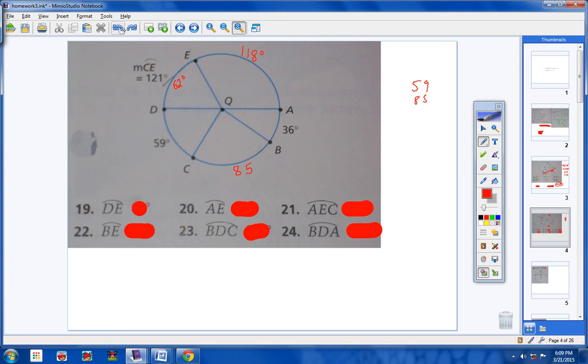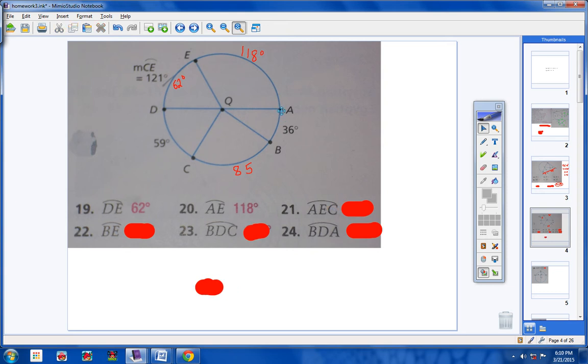Now with that in mind, we should be able to do these problems pretty quickly, okay? First of all, we're going to find the length of arc DE. Arc DE. So here we go. DE from D to E, 62 degrees. Now arc AE. So from A to E, the arc is 118 degrees. Now arc AEC.